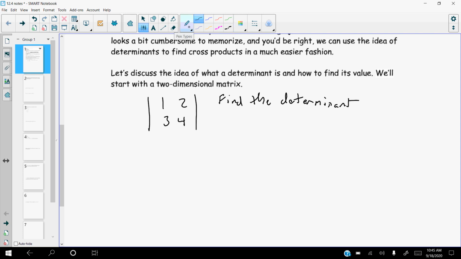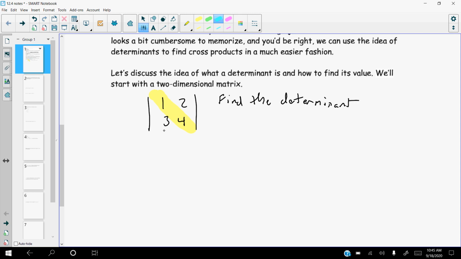So a determinant is the product of the main diagonal. So what's the main diagonal? Well, the main diagonal starts from the upper left of the matrix to the lower right. So this right here is your main diagonal. So it is the product of that main diagonal minus the product of the minor diagonal or off diagonal.